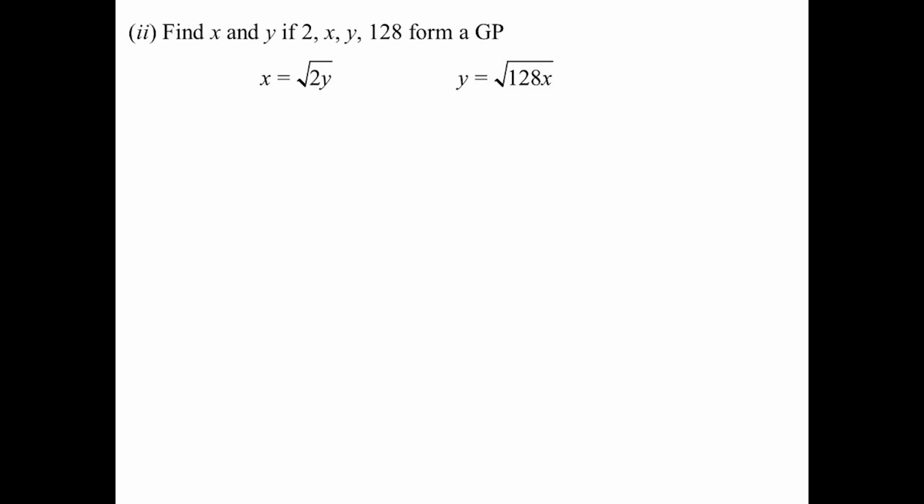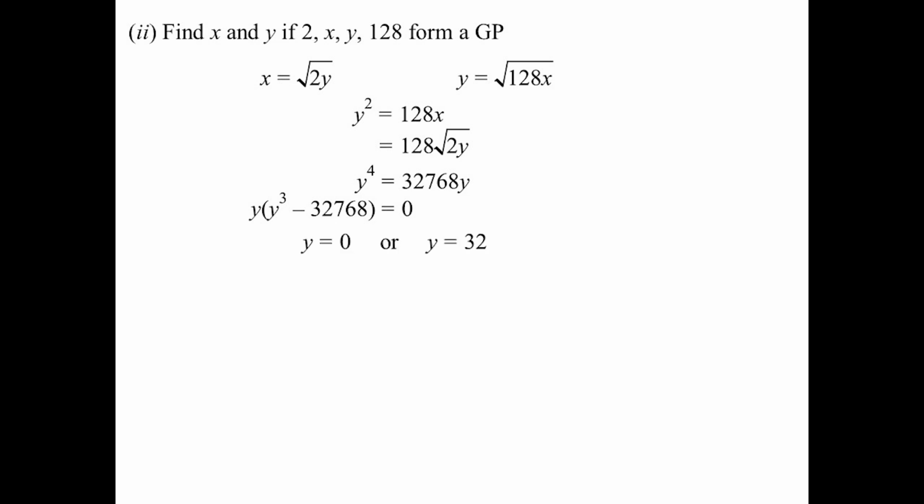So we should be able to set up some simultaneous equations here. Y squared then becomes 128x, but we said x was root 2y, and so y to the power of 4 is quite a large number there, 32,768y. Factorise that, we get two possibilities, y equals 0 or y equals 32.